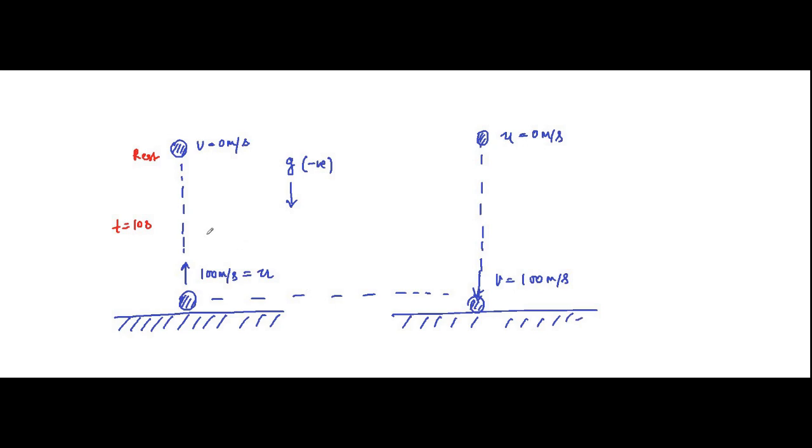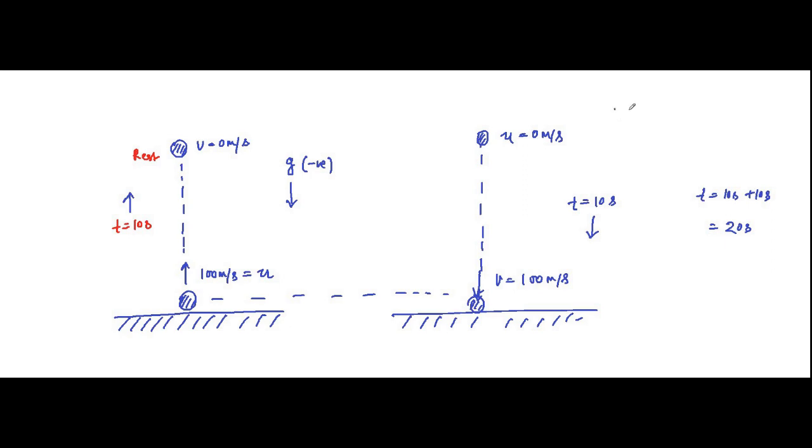Here the time taken upwards is 10 seconds. Here it will be 10 seconds downwards. So it will take a total of 10 seconds plus 10 seconds, which is equal to 20 seconds, to finally return to the ground.